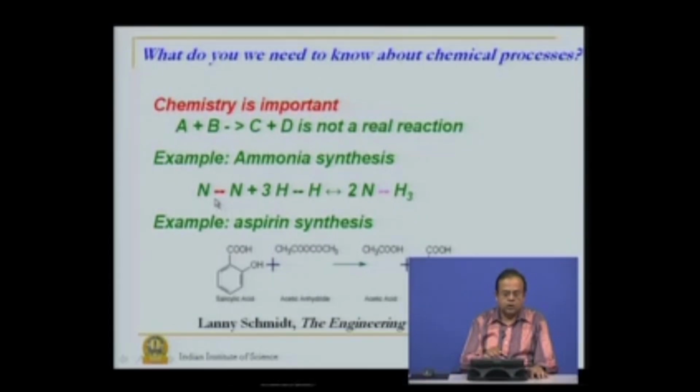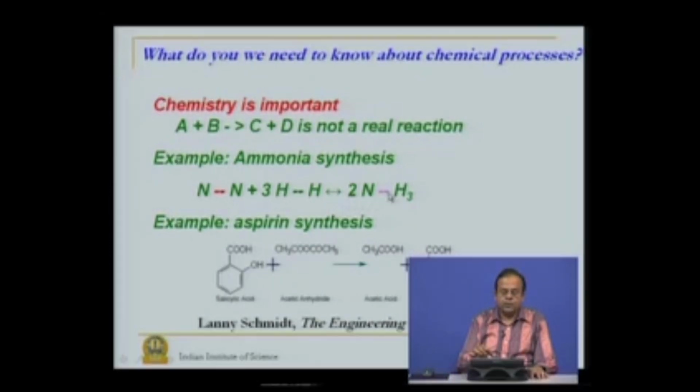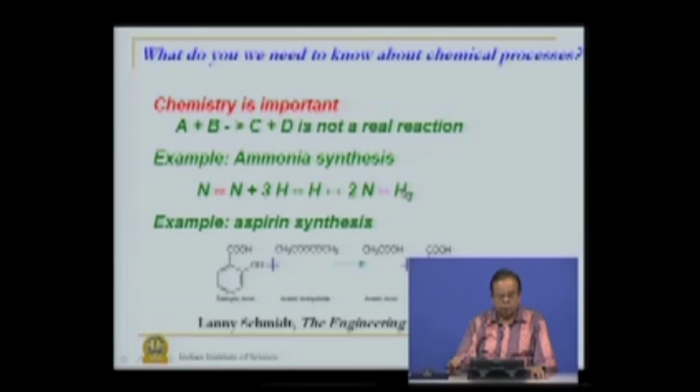For example, the bond between two nitrogen atoms has to be broken, so is the bond between the two hydrogen atoms, and after that the bond between nitrogen and hydrogen has to be formed in the case of ammonia. So, it is not just A plus 3B, there are a lot of things happening at a molecular and atomic level which are equally important, which makes up how the reaction will proceed and so on, and we should never lose sight of this aspect.